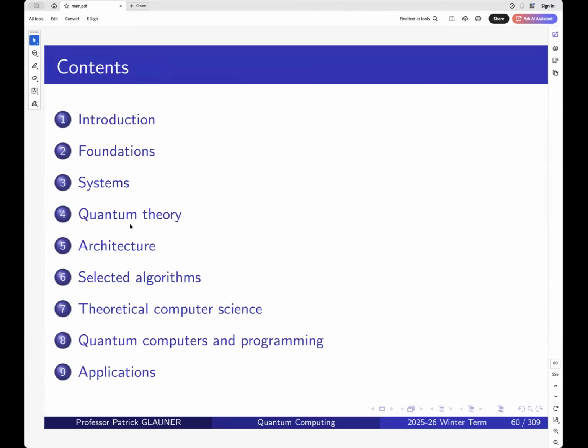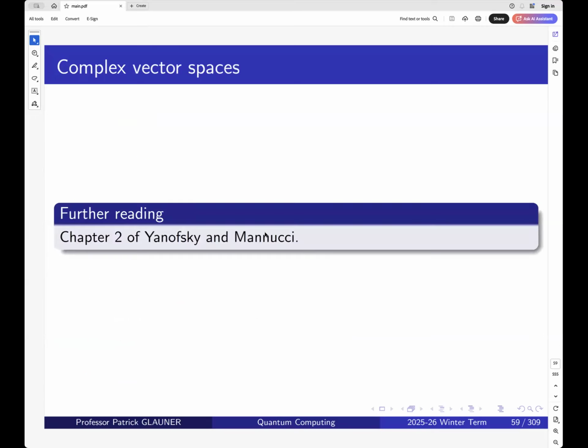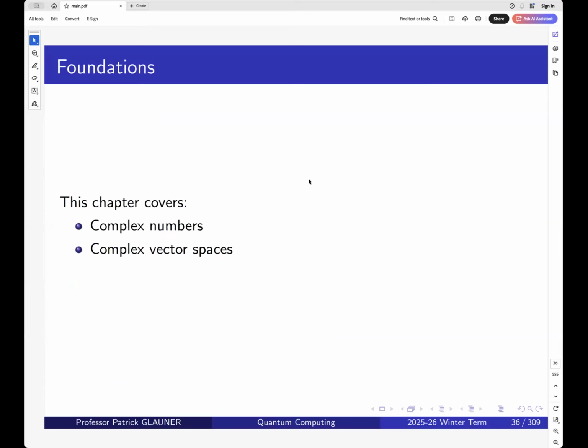Once we have done this, probably in 2 weeks' time, we look deeper into quantum mechanics. And once we have done this, we can start actually doing quantum computing. So it takes us a little bit to make it there. But in essence, today we've revised complex numbers. There was some new stuff around complex numbers for most of you as well.